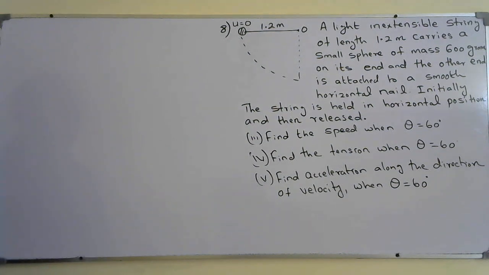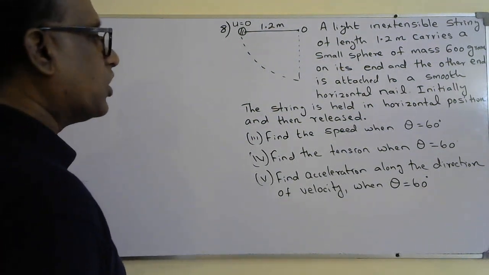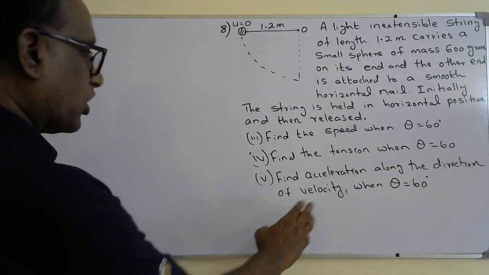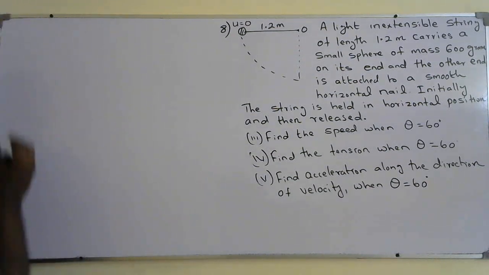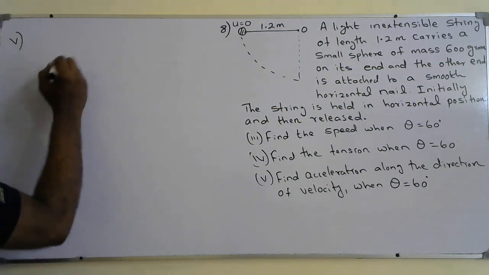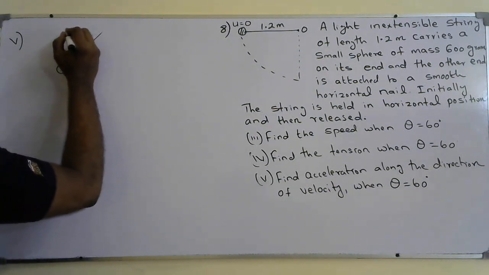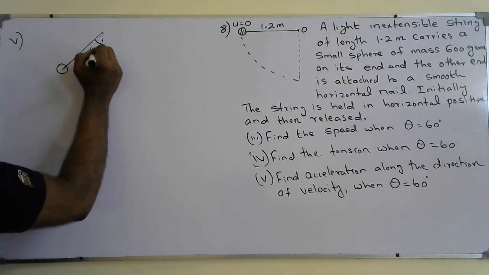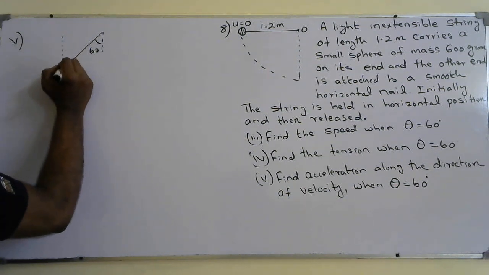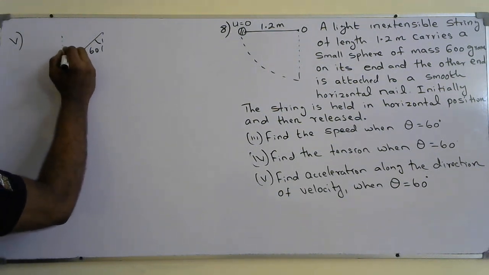Okay, so last part, find the acceleration along the direction of velocity when theta equals 60 degrees. So the fifth part, the string makes an angle 60 degree with vertical, means here it makes an angle 60 degree with vertical.